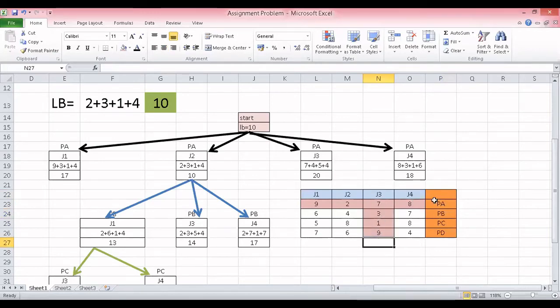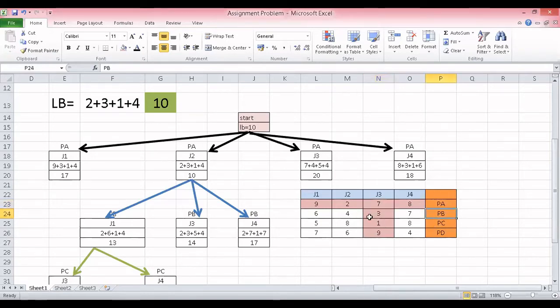When I assign job 3 to person A, the same job cannot be assigned to person B, person C, or person D. In this column, person B is demanding a cost of 3 for job 3. But since job 3 is already assigned to person A, I cannot assign it to person B. One job I cannot assign to two persons.